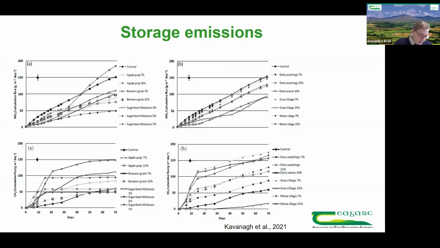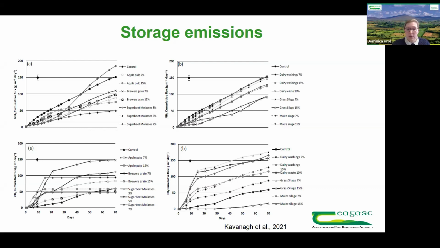In a nutshell, when it comes to ammonia emissions, some of the sugar beet molasses, apple pulp, and grass silage effluent reduced emissions, but that wasn't necessarily the same amendments that were the best for methane. So for methane, it was spent brewers' grain, also sugar beet molasses, and the grass silage effluent.